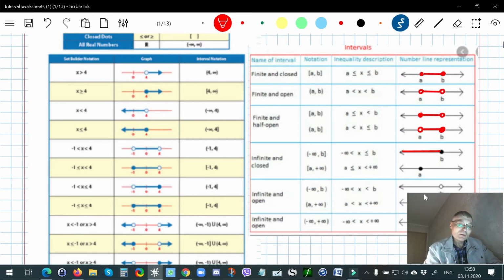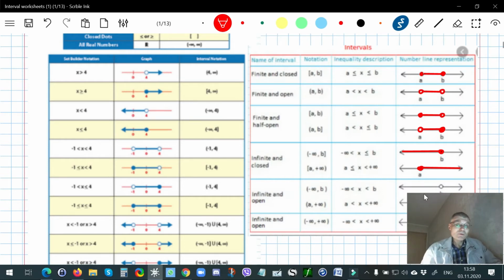But here we include B, because it's a half closed interval. And when the other side is closed, then in this case we have positive infinity, and we include B in our interval.